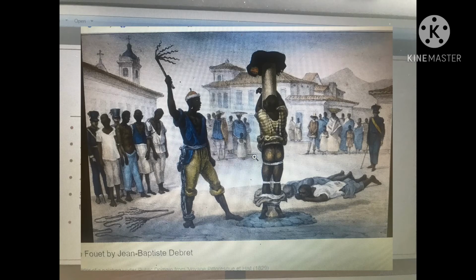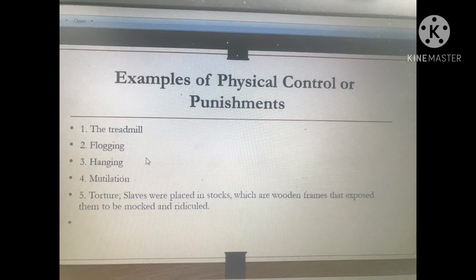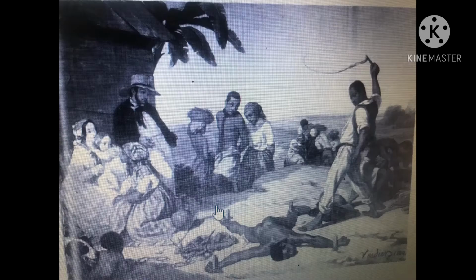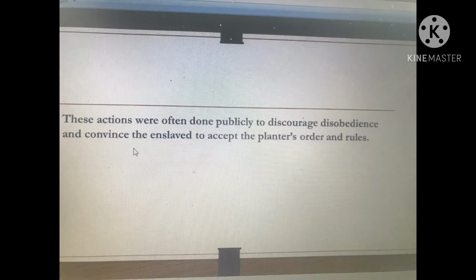Slaves were often put in stocks, which were wooden frames, and left exposed to mockery and ridicule. These actions were often done publicly to discourage disobedience and to convince the enslaved to accept the planters' orders and rules. Students, we have 2 more to go and then we're almost finished.